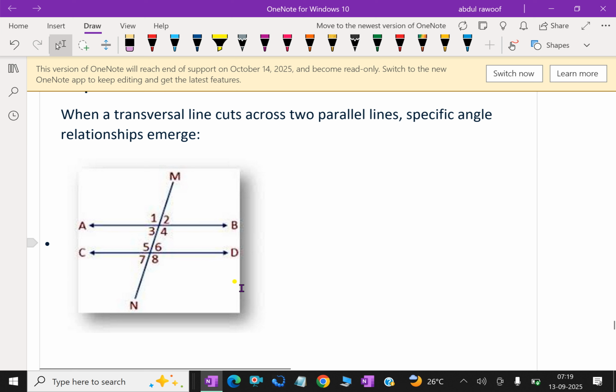That means angle 1 is on the left side, on top of AB, as well as angle 5 is in the same position with line CD, on the left side of the transversal. So these are corresponding angles. Other corresponding angles are 2 and 6, 4 and 8, and 3 and 7. These are the corresponding positions of these two lines having corresponding angles.